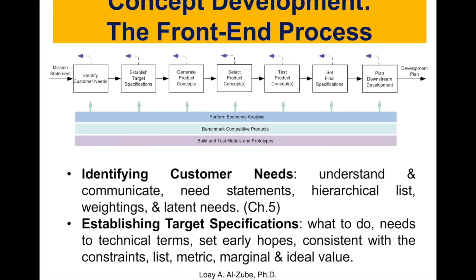In the second phase, which is establishing target specifications, we will be focusing on what to do. We now need to translate the need statements into technical terms. As engineers, we should be able to do that. We will set our targets or objectives and hopes, and we need to be consistent with the constraints. We need to be able to put objectives and constraints. We will create lists and metrics, and we will identify something called marginal values.